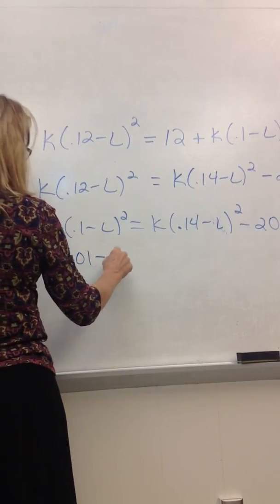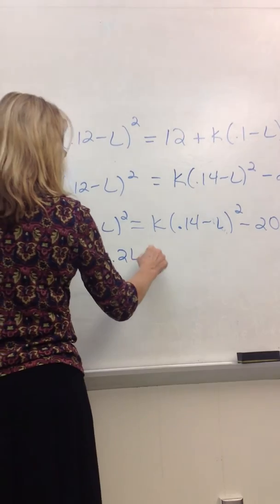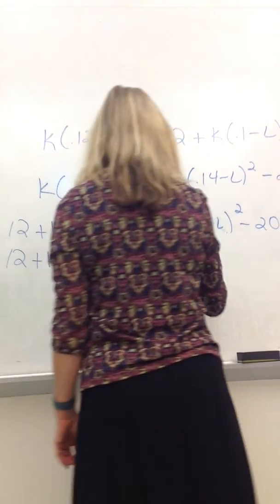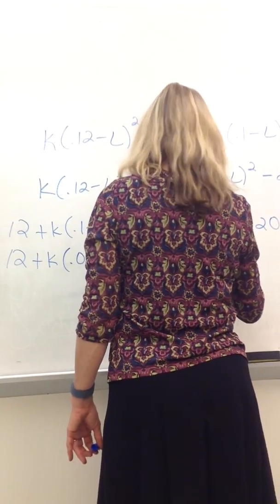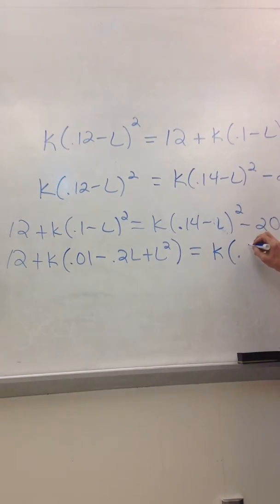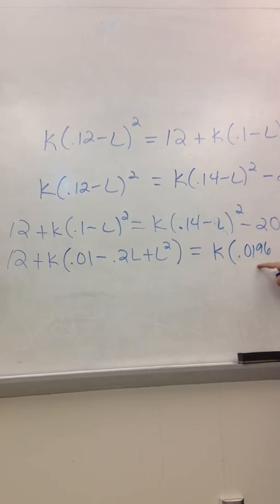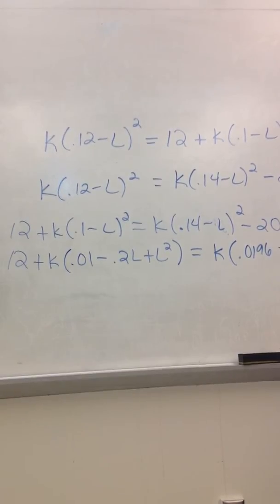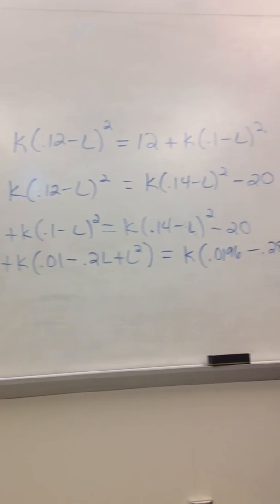Because if we FOIL this out, I'll show you why I can tell it doesn't matter. Hang on, what's 0.14 times 0.14? Is it 0.0196? Yeah, 0.14 times 0.14, you got it right, 0.0196. Alright, and then plus L squared, and then minus 20.